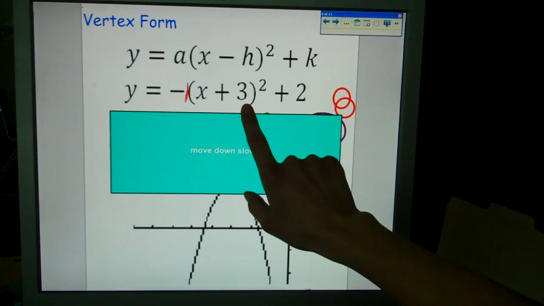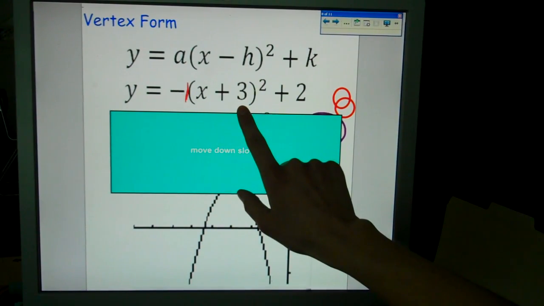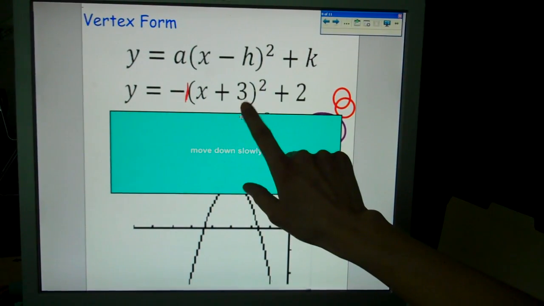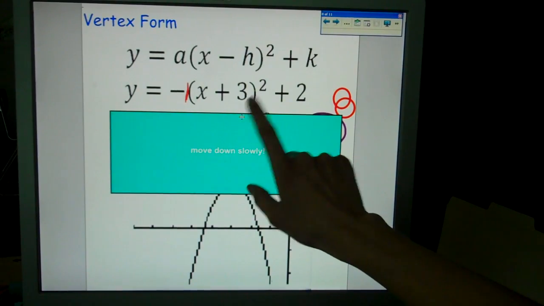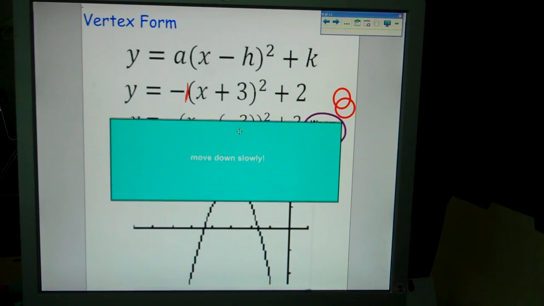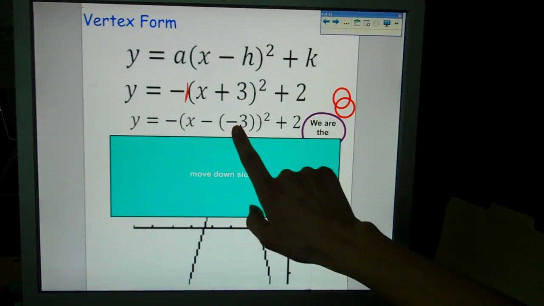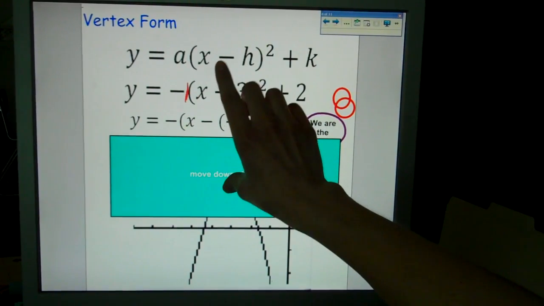+3. So what is H? Is H 3 or -3? Think about that for a minute. Is H 3 or -3? We know K is what? K's got to be 2. Okay, that one's not hard. But what is H? H is actually -3 because the formula calls for a minus sign.